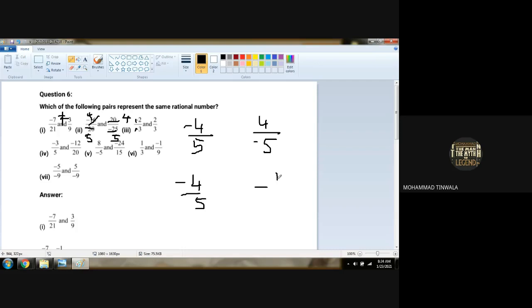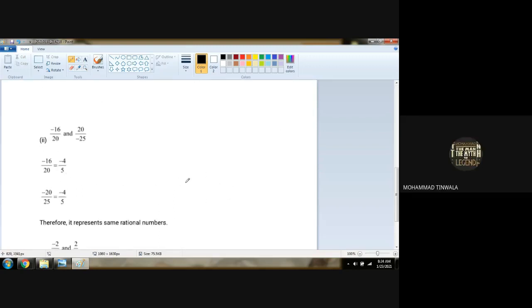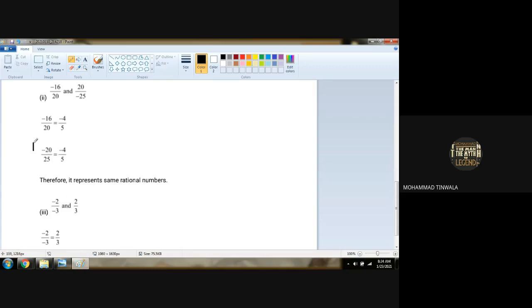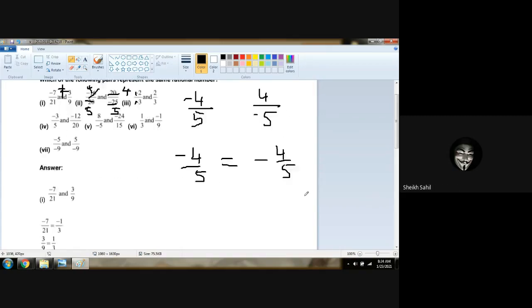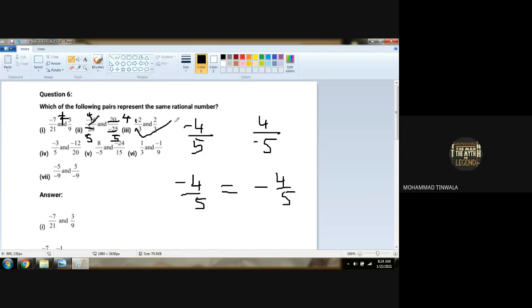Even this will be set to -4/5 only. Whether the minus is below or above, in rational numbers it is minus. So minus will be counted in between only. See, it is equal. Understood? Even this is equal, this is equal.